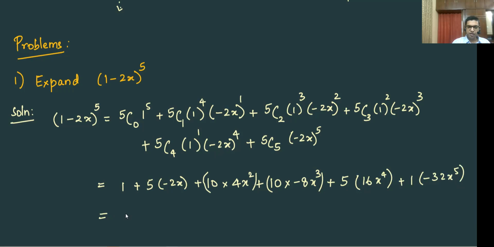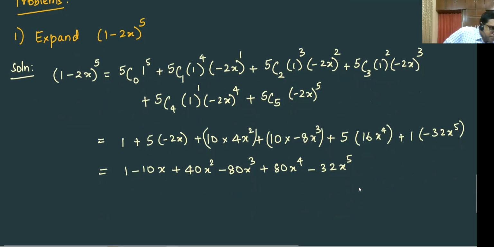So the expansion will be 1 minus 10x plus 40x squared minus 80x cubed plus 80x to the power 4 minus 32x to the power 5. So this is the binomial expansion.